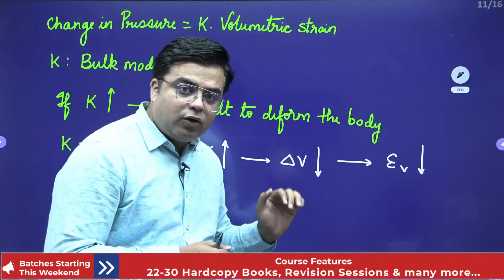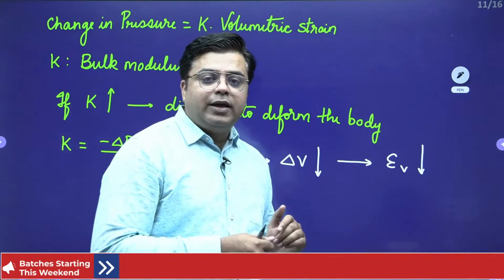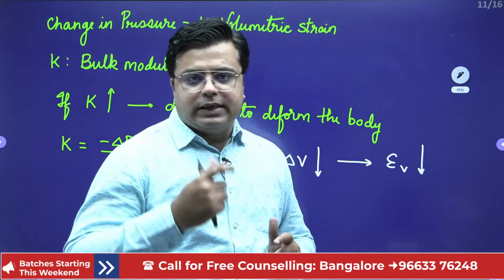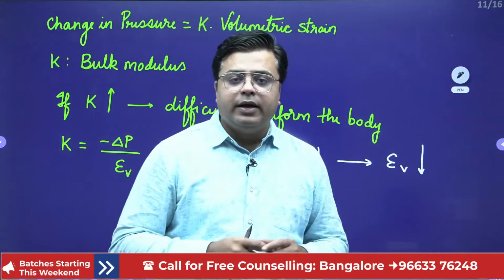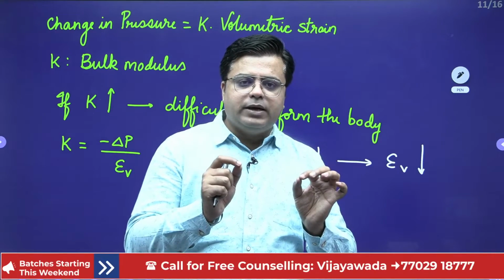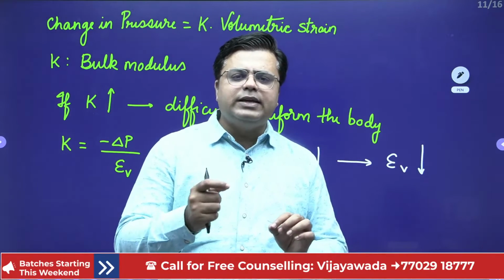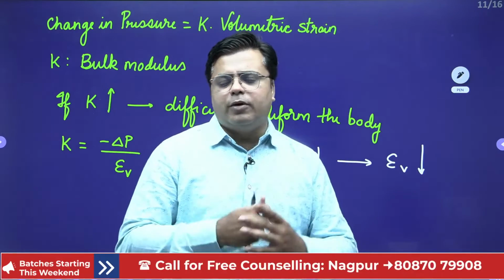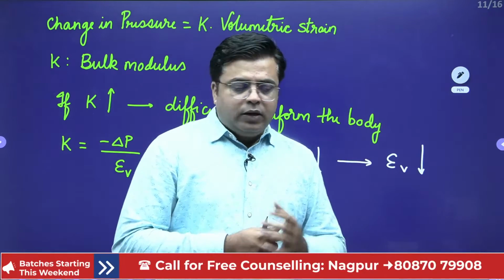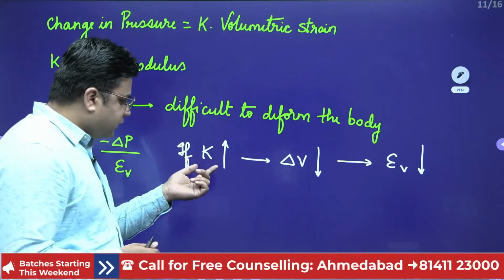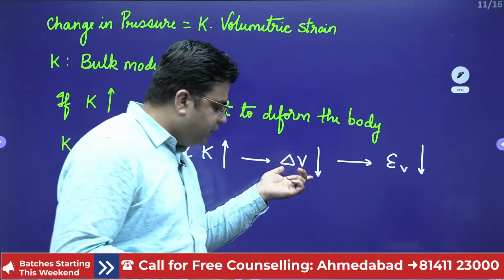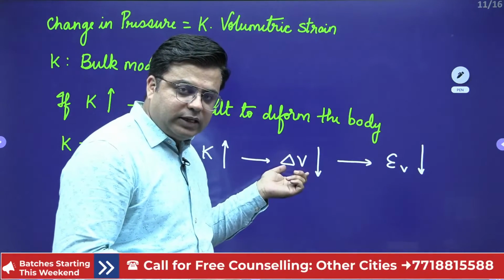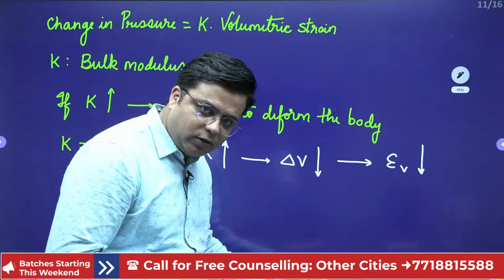So if change in volume is less, it means your compressibility will be less. And what is compressibility? As the word says, compressibility means how easy it is to change the volume of any body. Okay. So if your bulk modulus is more, your volume change will be less. And if volume change is less, it means your compressibility will also be less.